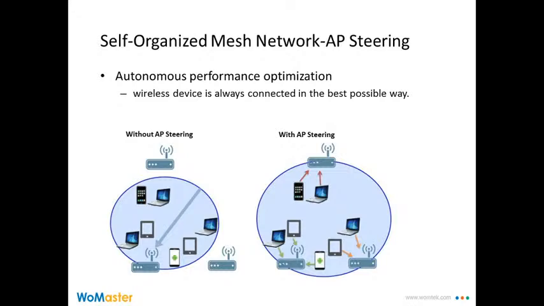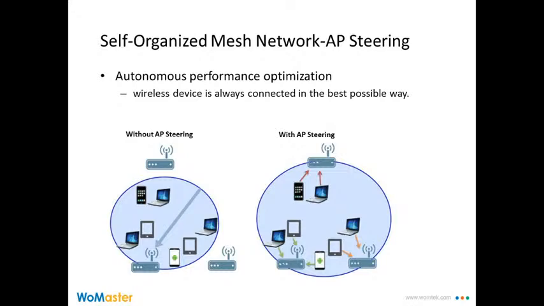Mesh network also supports the AP steering, as previously mentioned. Without the AP steering function, all devices just connect to the one with the better signal from their own angle, not from the whole network. However, it cannot promise the best performance for the whole mesh.